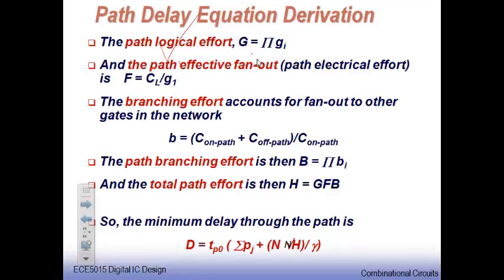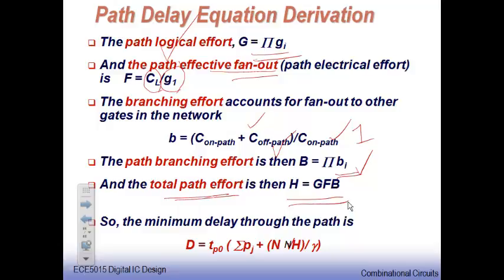G is the product of all these Gi, and the path effective fan out is the effective final load capacitance divided by the first one, and then the branching effort is on path plus off path by on path. That we have assumed 1 in our case, but if it is different, I will take the product of all these, and the total path effort, what I said was H is equal to GFB. The same thing we had discussed.